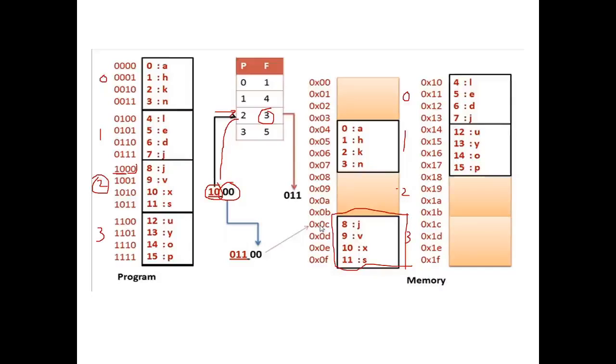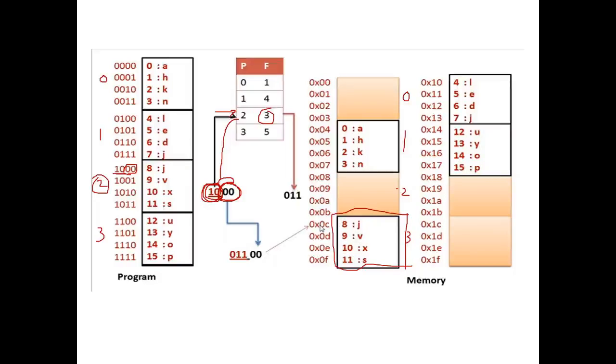So this is the 4 bits of logical address. So the CPU will generate the logical address, because the CPU wants to execute page number 2 and a particular instruction from it.